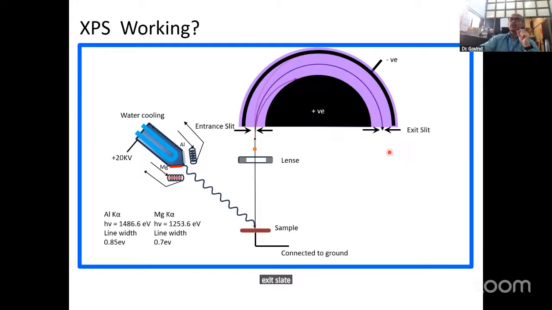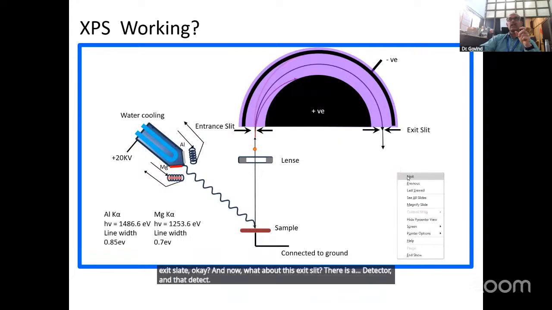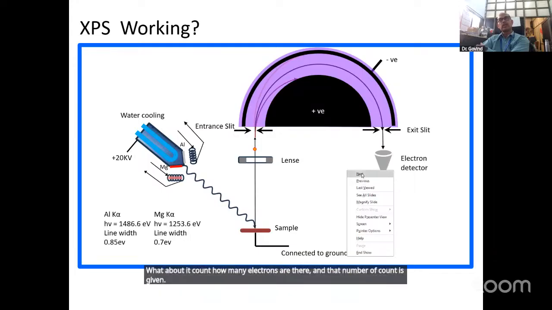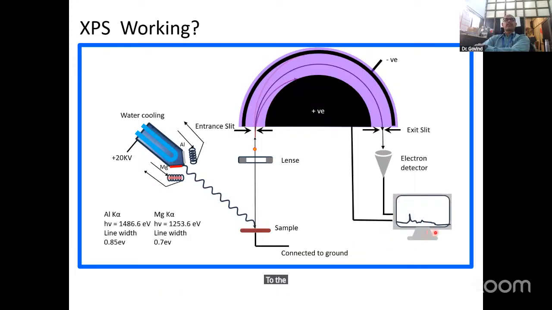Now what happens? At this exit slit, there is a detector that detects how many electrons came from the cylindrical mirror analyzer. It counts how many electrons there are, and that number of counts is given to the computer system, which plots your XPS data.